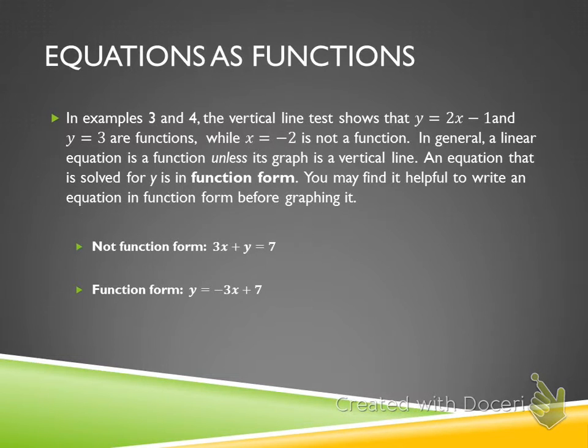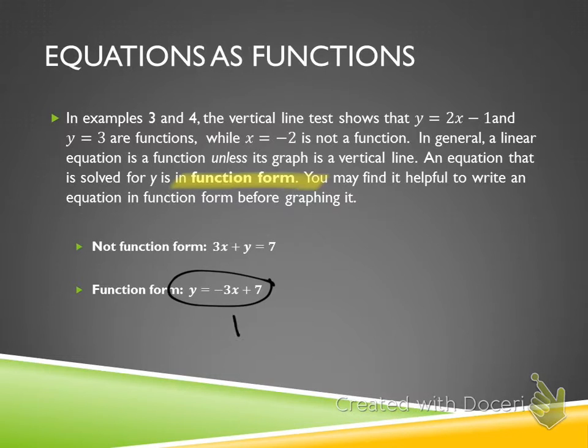Now, in example 5, it's basically just like example 3, except I just have one more step that I have to do at the very beginning. And that is to write my equation in function form. You do not have to write down this definition, but this is what it means. Function form has y by itself on one side of the equation.